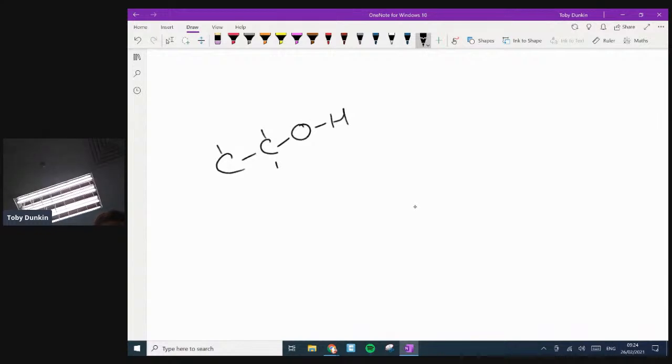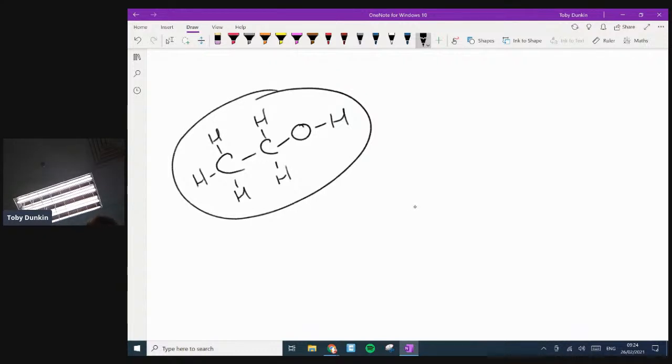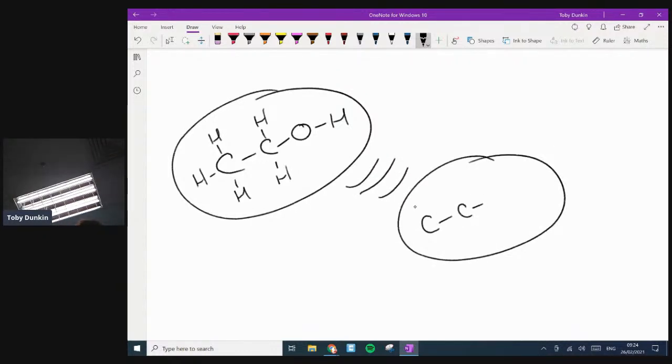Here's ethanol. To break a covalent bond takes 2000 degrees Celsius. I'm not breaking those bonds. What I'm breaking is the wimps between the molecules. Between these molecules, we have these little dashy lines, which we call weak intermolecular forces.